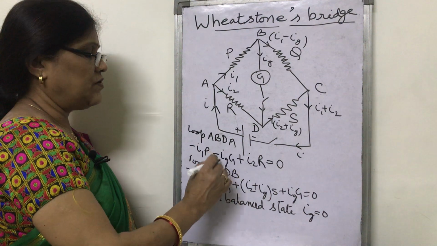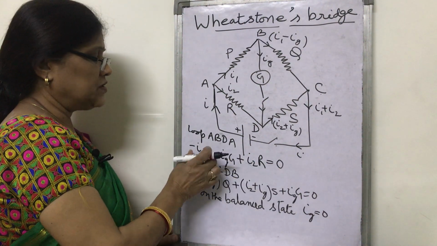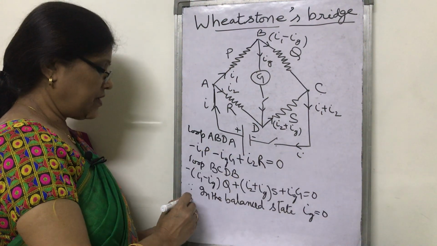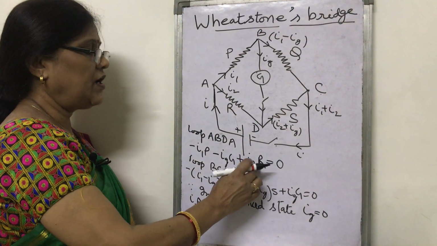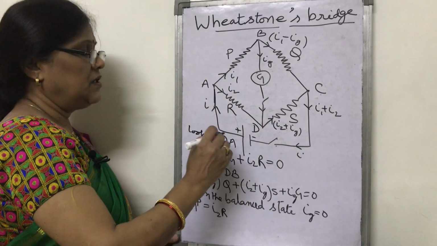In this equation, with Ig equal to 0, it becomes minus I1p plus I2r equal to 0. Then what can you write? I1p equal to I2r. You can write this from the first equation.